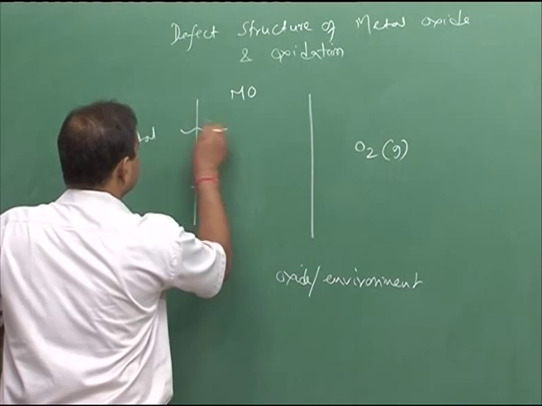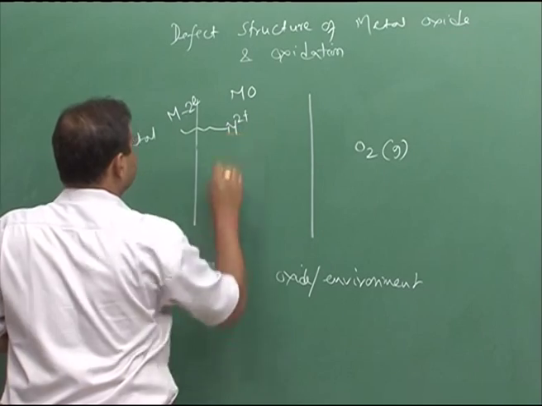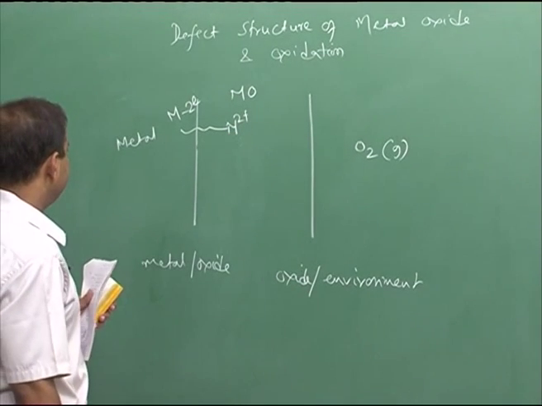So, we have M releasing 2 electrons going to M2+, which is the anodic reaction.